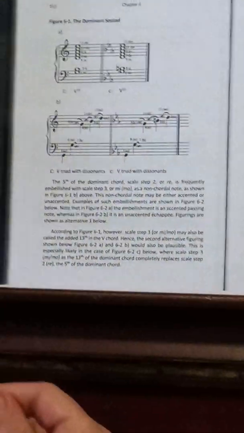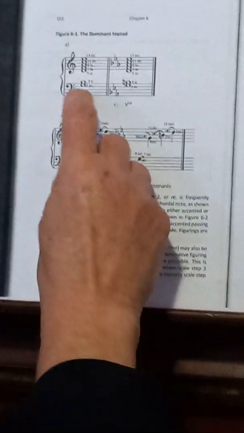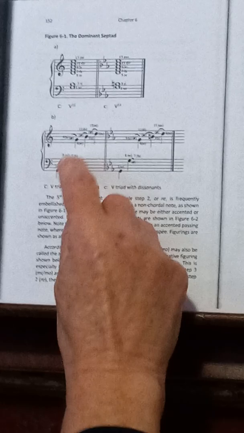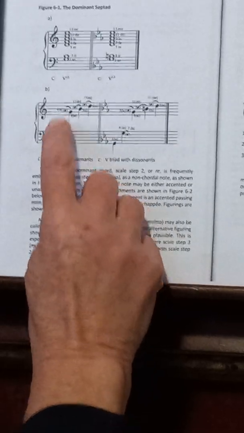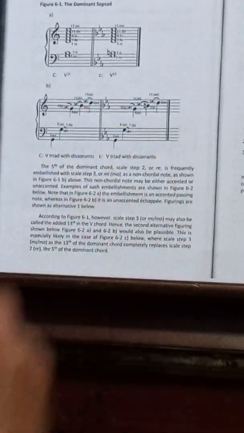And how that works, again, is a non-chordal note embellishment of the triad. It takes the triad, so, ti, re, there it is, page 152, figure B, and it embellishes the notes of the triad.